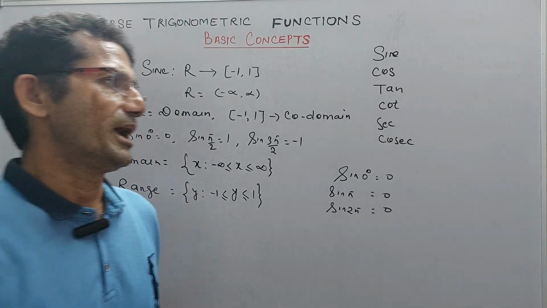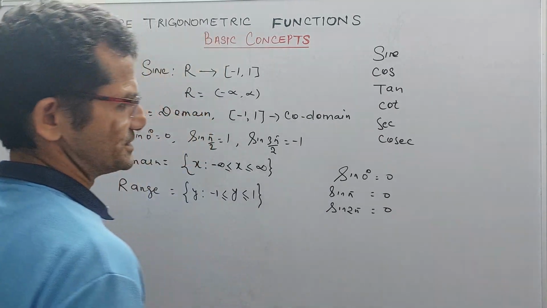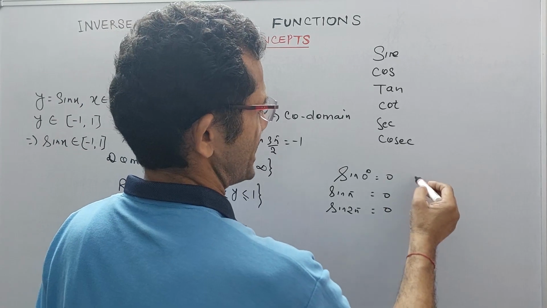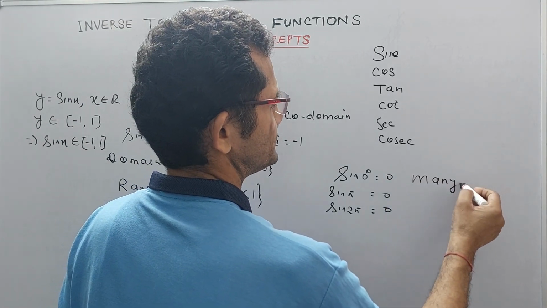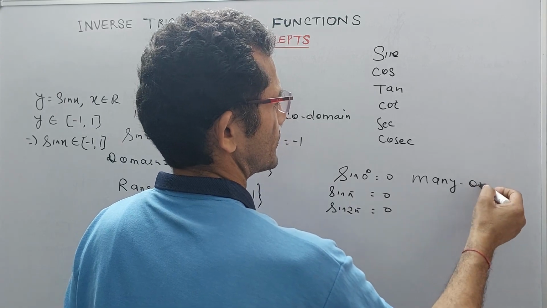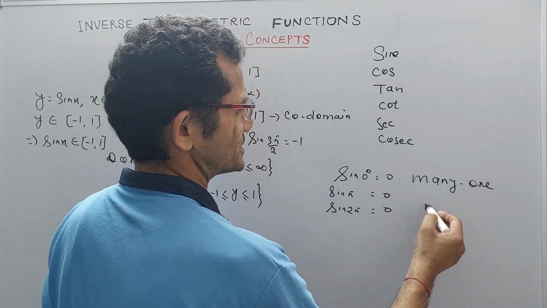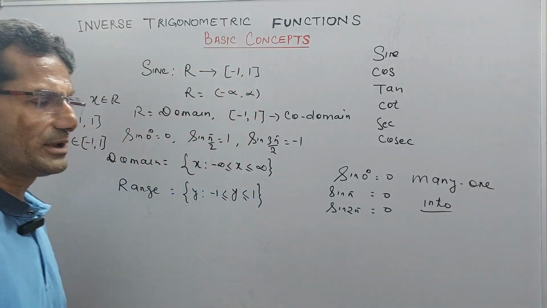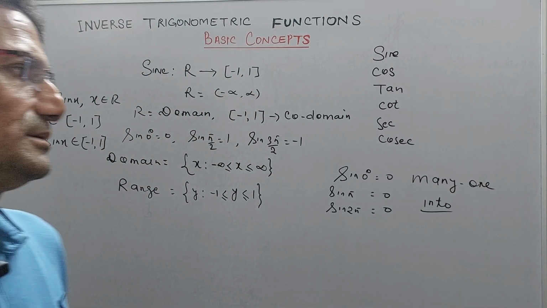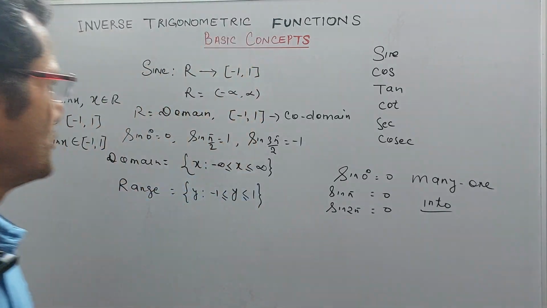It is a many-one type of function. If the domain is the set R, sine is a many-one into function. It is not an onto function. So we have to change the domain from the set R.